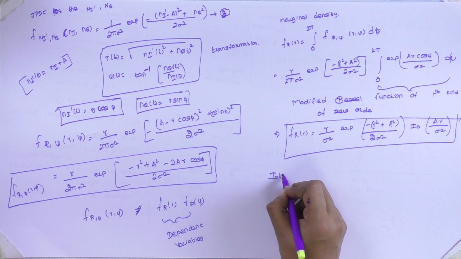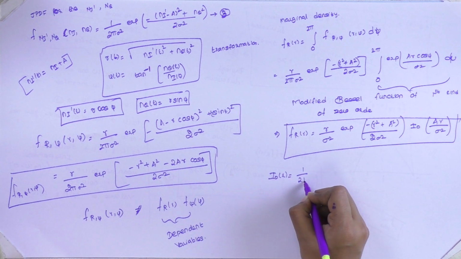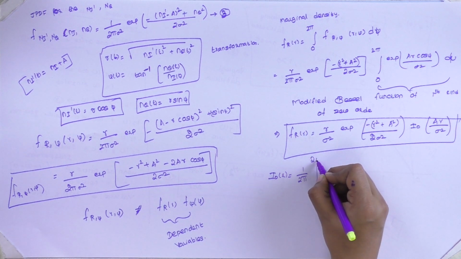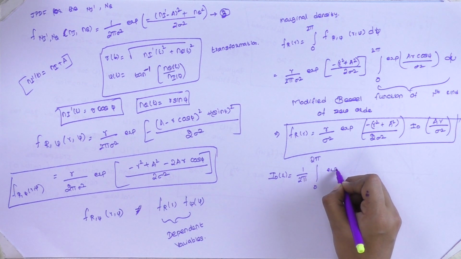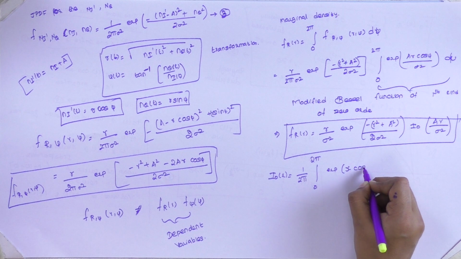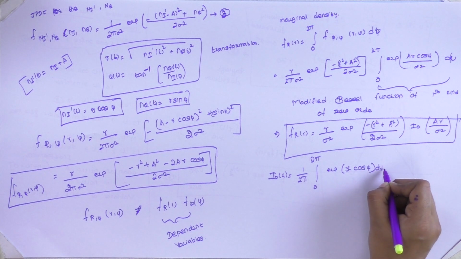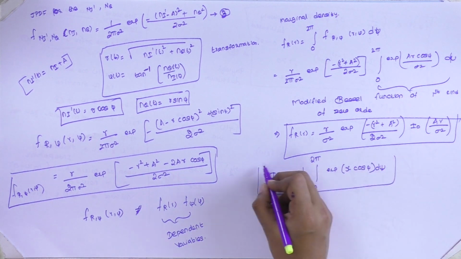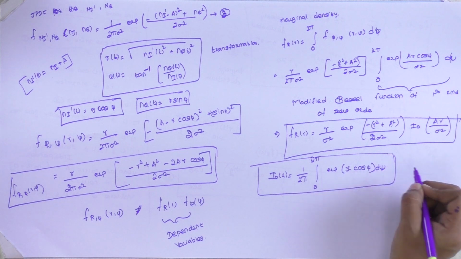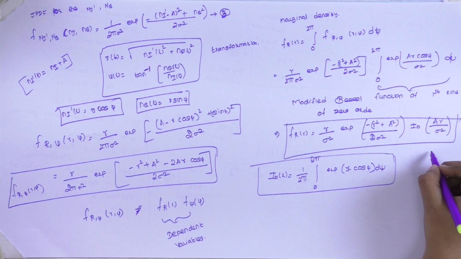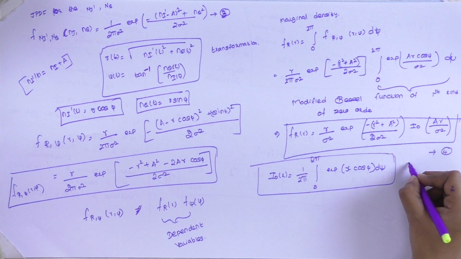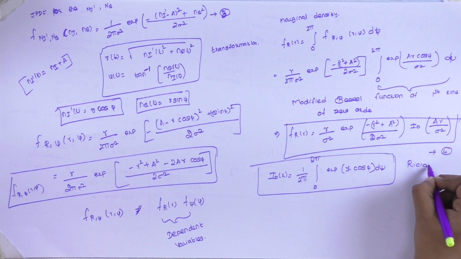Since I naught of x is equal to 1 by 2 pi integral over 0 to 2 pi of exponential of x cos psi into d psi, this is the modified Bessel function of first kind of 0 order. Therefore, this equation number 4 is following the Rician distribution.